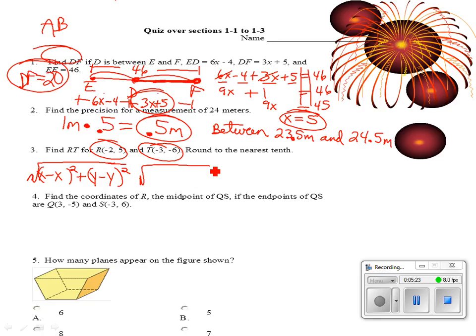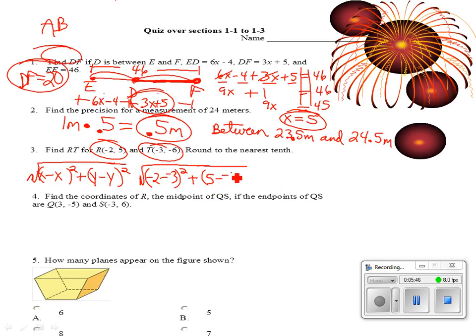What are our x coordinates this time? -2 and -3. Remember, the x coordinate is the first one in the ordered pair. So -2 minus a -3. What are the y coordinates this time? 5 and -6. Good.